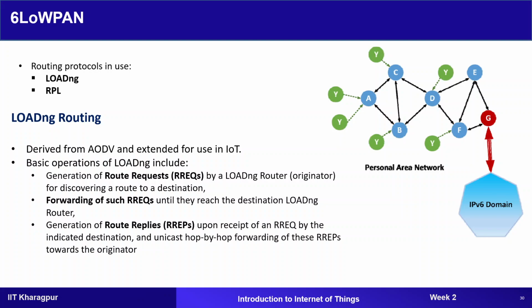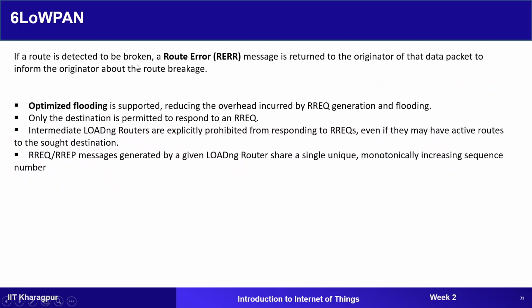In case of LOADng, if the route is detected to be broken, then a route error message is returned from that particular point to the originator of the data packet, so that it can get to know about the breakage of that path. This method uses optimized flooding in order to find the path through which data should be sent.